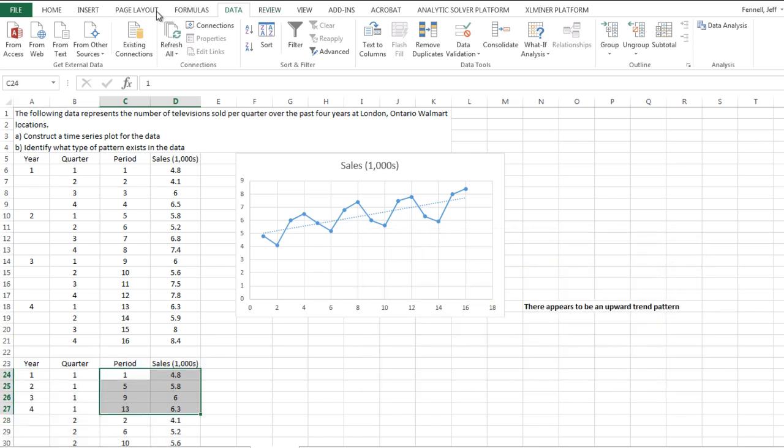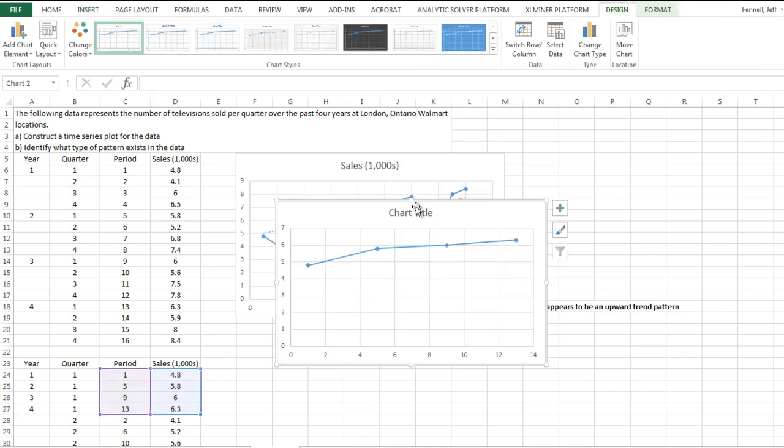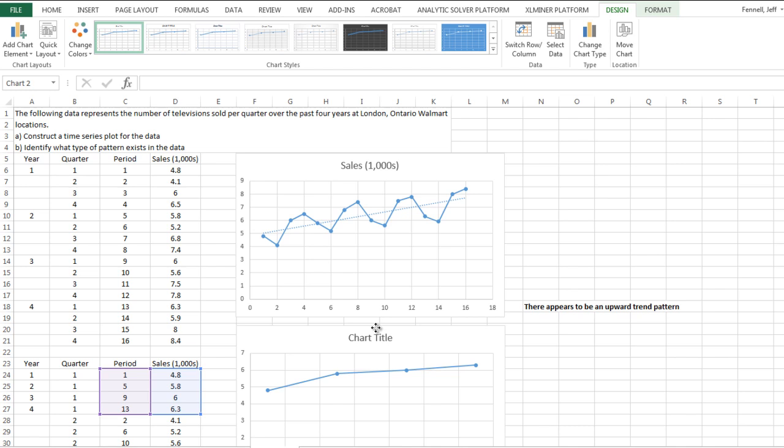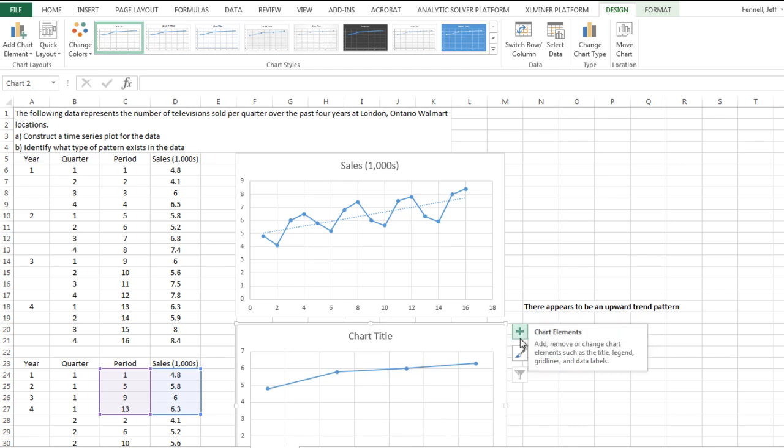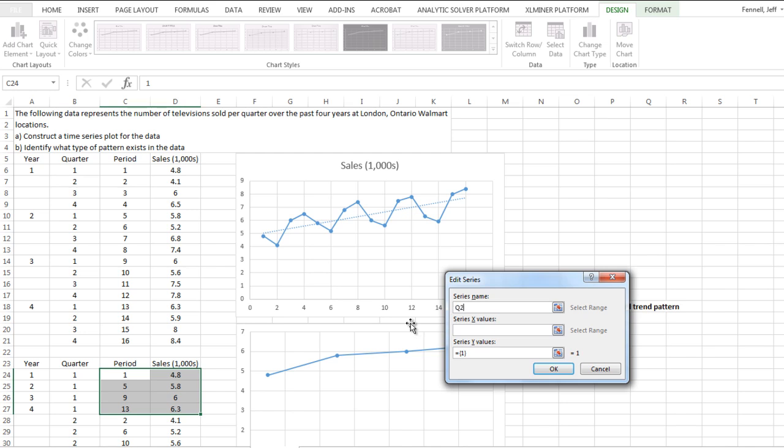Starting the new time series plot by simply beginning to highlight quarter 1. And then within our chart tools, hitting select data and adding our subsequent quarters 2, 3, and 4. So quarter 2.